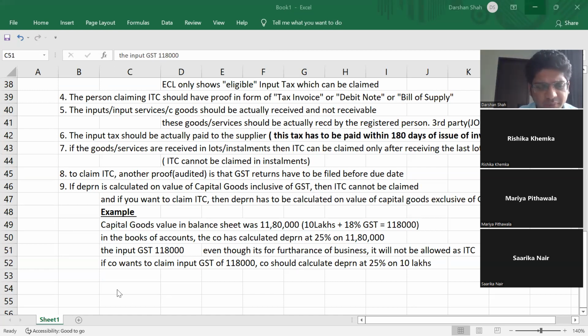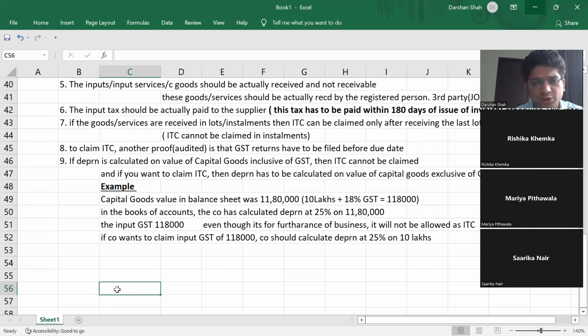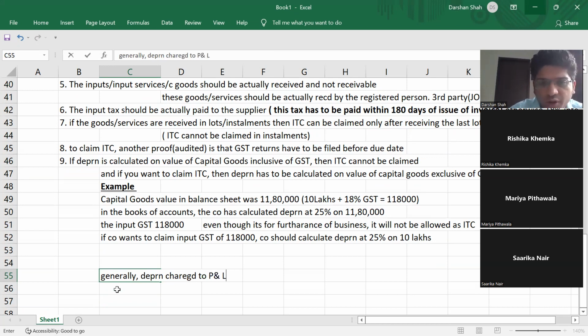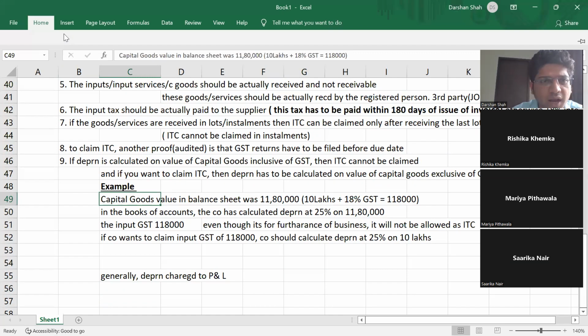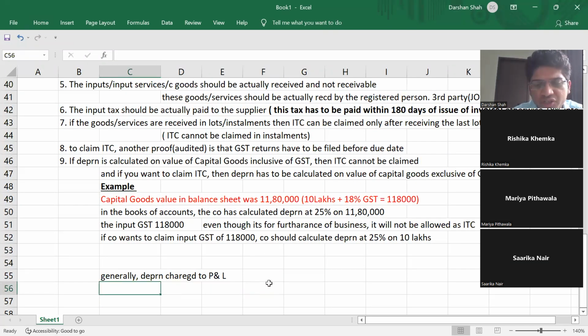See guys, this is a bit confusing. In this case, generally, how much depreciation would I have charged to P&L account? The example is marked in red. So generally depreciation charged to P&L is how much?